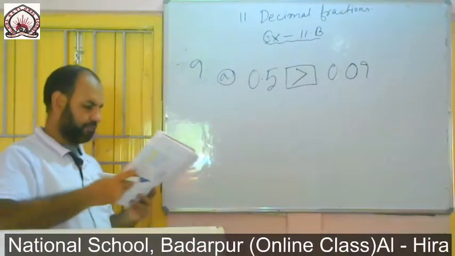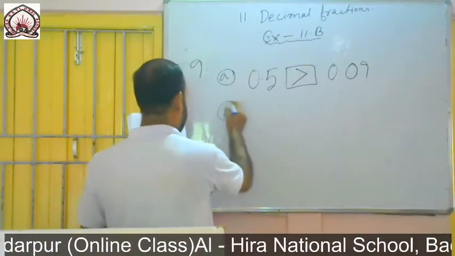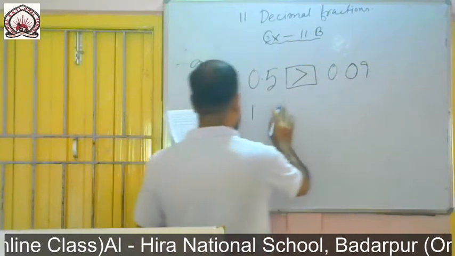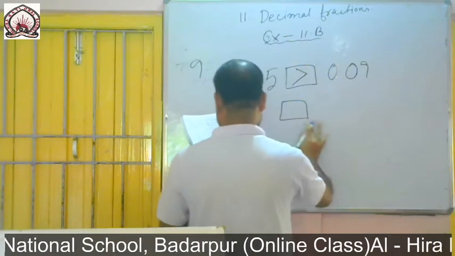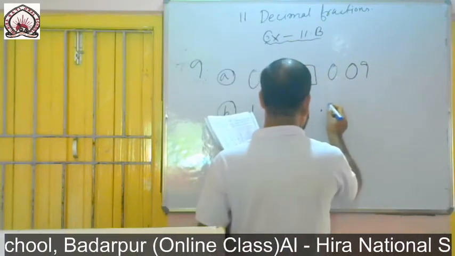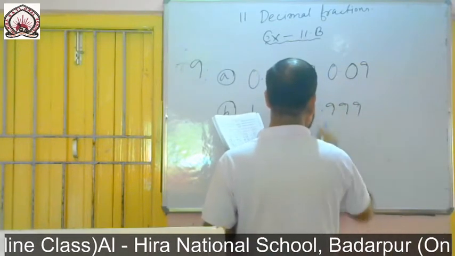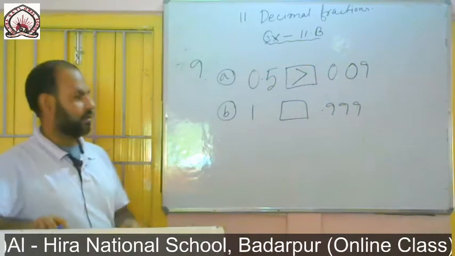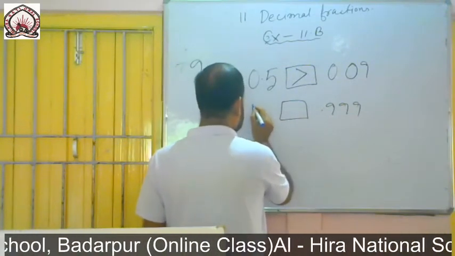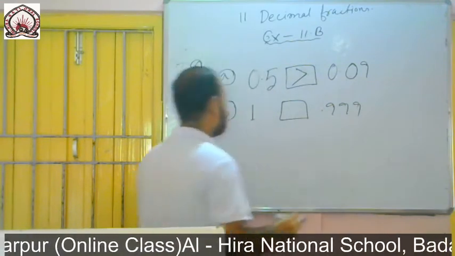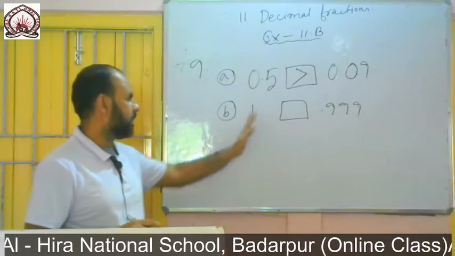Next, question number B. 1 box 0.999. Here 1 is a whole number, an integral part, and there is no decimal part.